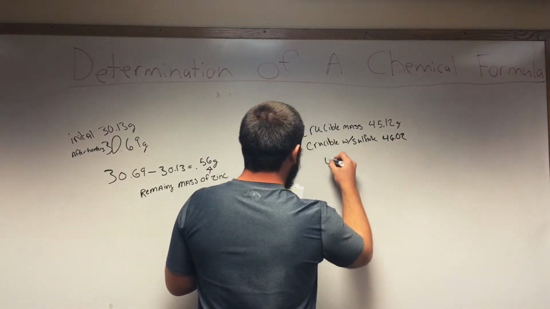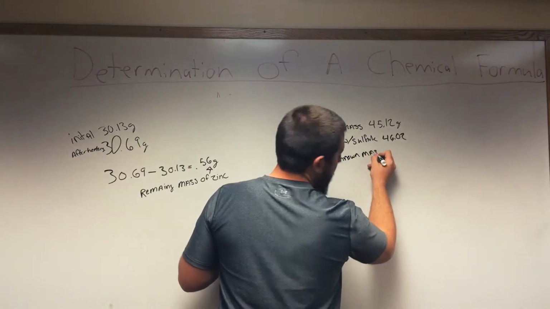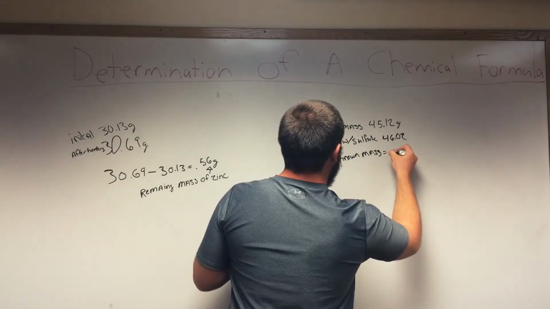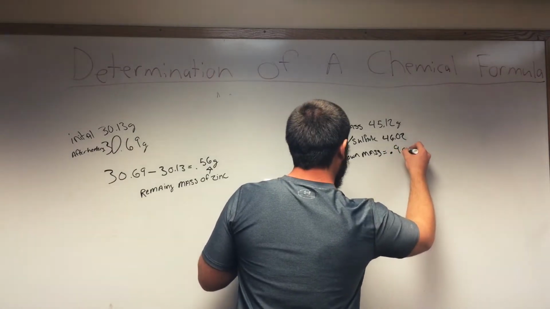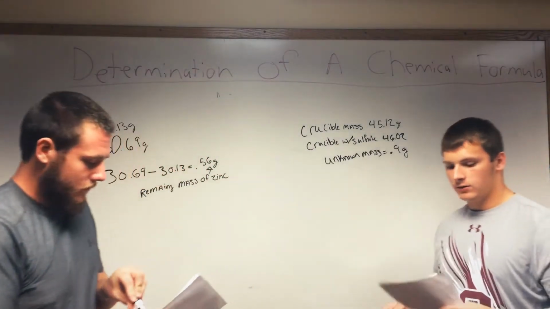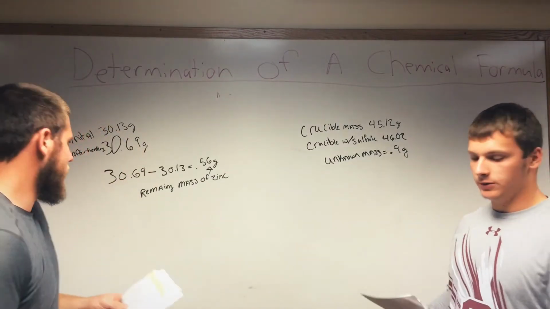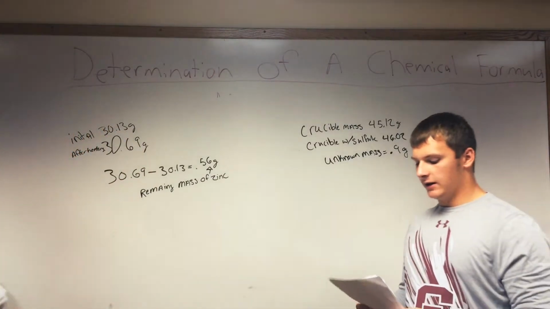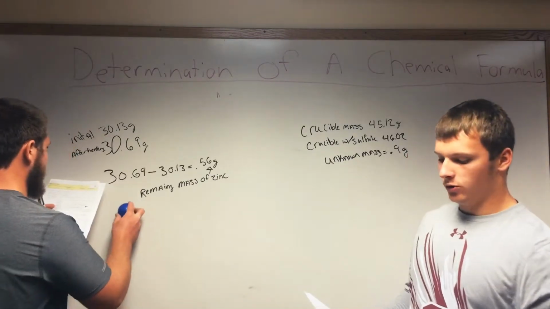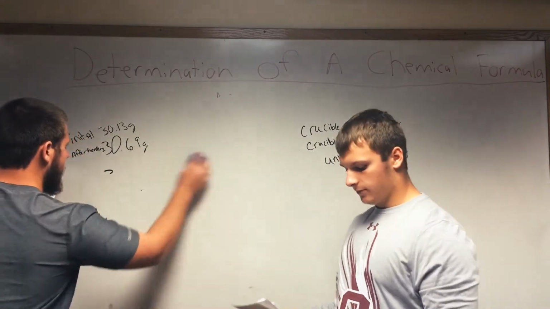So the unknown mass, which our unknown was magnesium sulfate, with the unknown mass being 0.9 grams. After we heated it the first time, we had 45.61 grams total. So then we had to heat it again for the second time, and we got 45.6 grams. So we were 0.1 grams away from the first heat, so we were done with that substance.